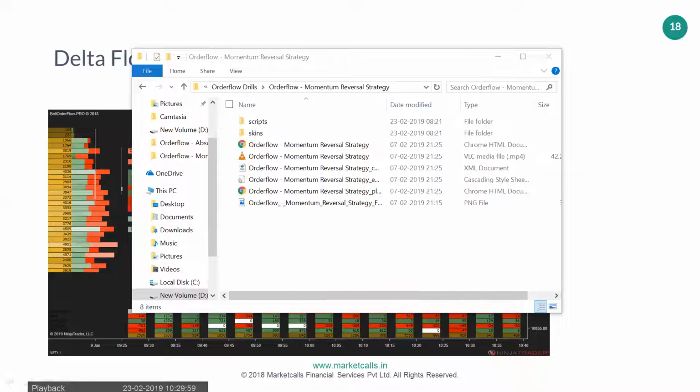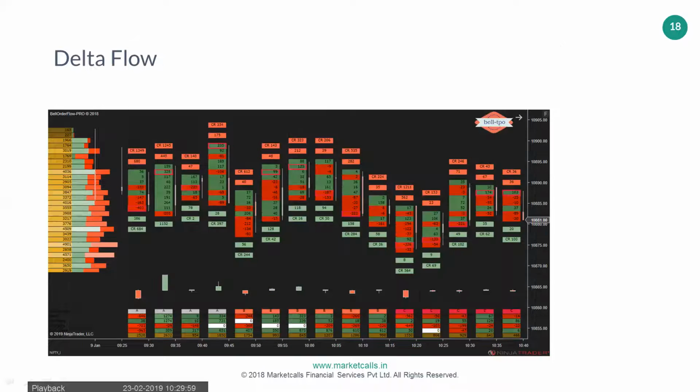Let me repeat: it's an initiative down, followed by a little bit of responsive activity, and again initiative. Buyers will show up a little later; the initiative action will happen a little later. In the meantime, slow and steady responsive activity will happen, hardly lasting 10, 15, or maximum 20 minutes, and then the price keeps moving up.